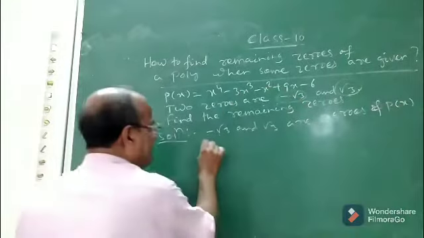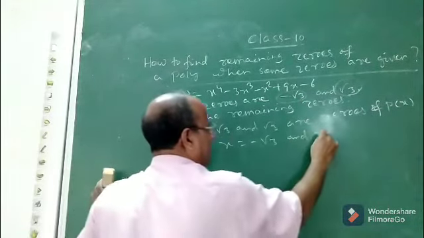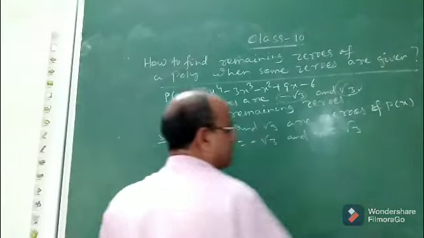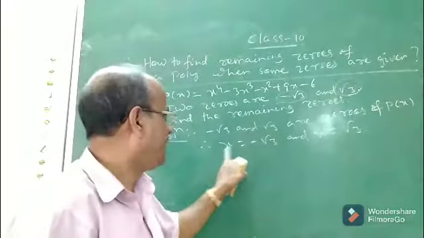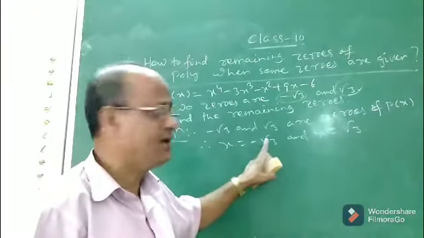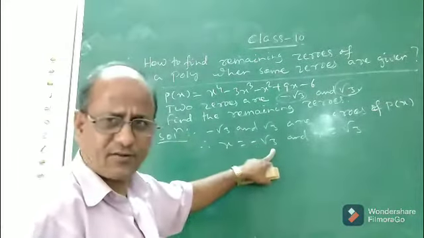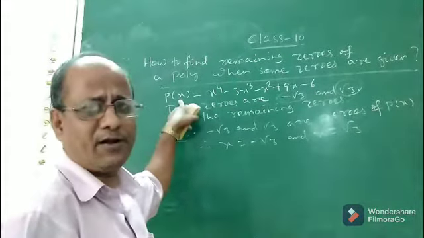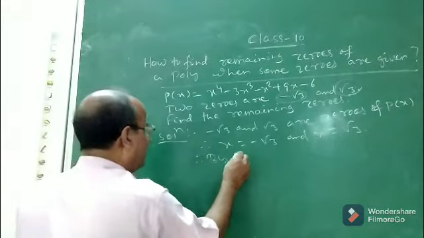So that means the value of x is minus root 3 and the value of x is also plus root 3. Now see children, in class 9 we have read the factor theorem.